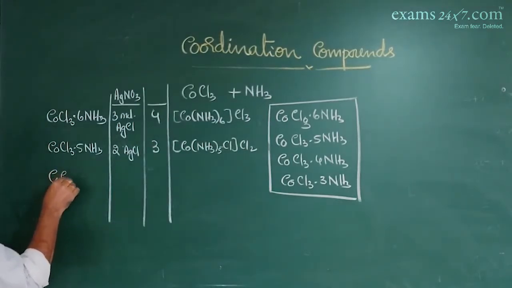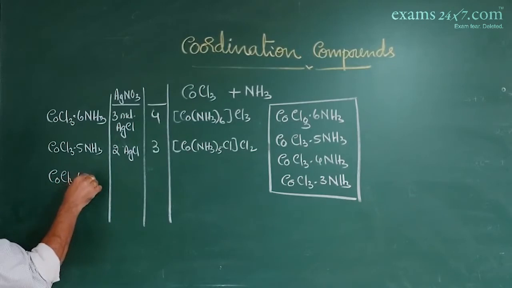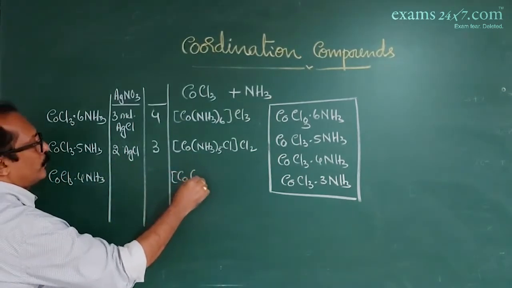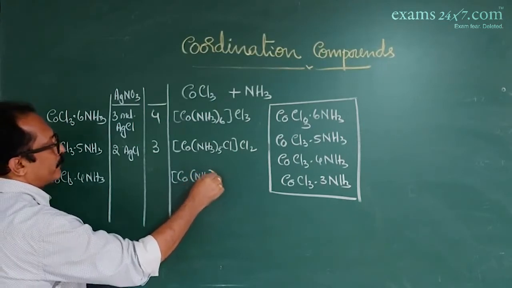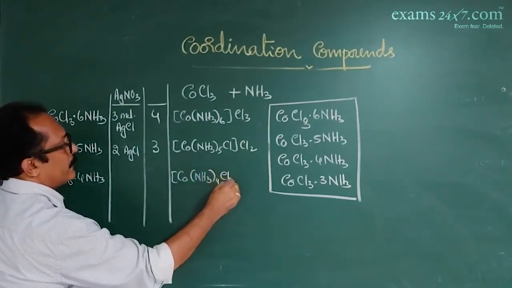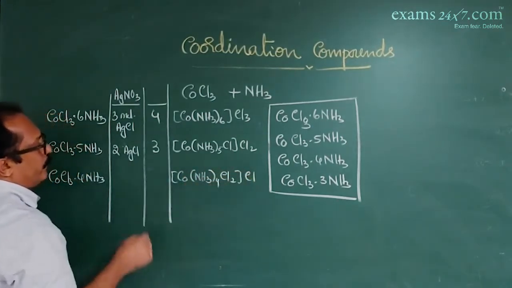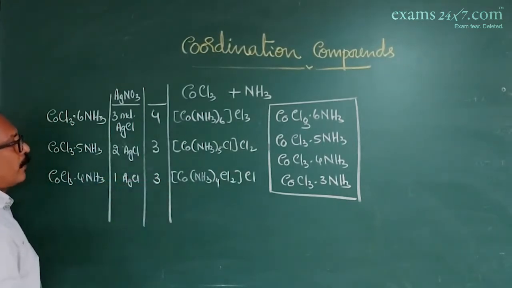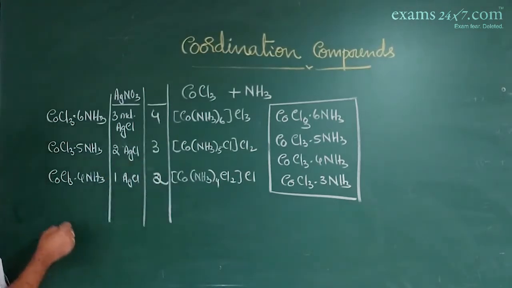Similarly, another formula, CoCl3·4NH3, forms [Co(NH3)4Cl2]Cl, and this forms 1 mole of AgCl. The number of ions formed is equal to 2.